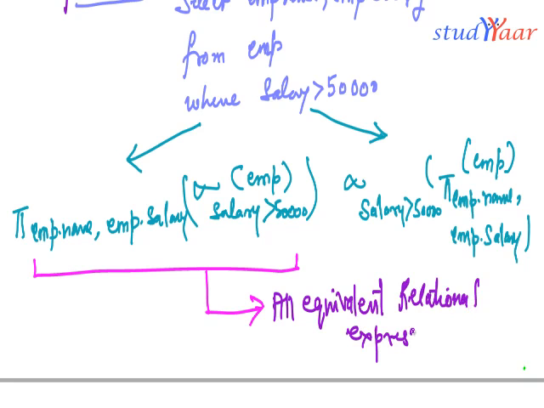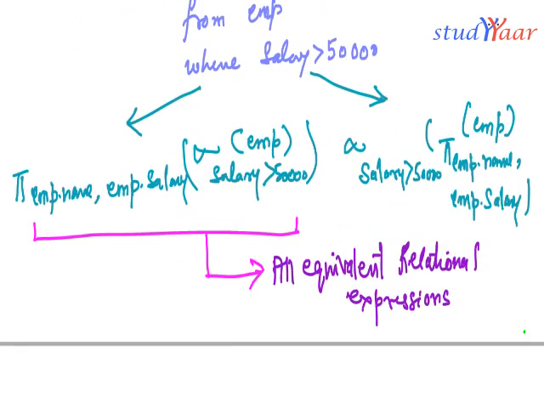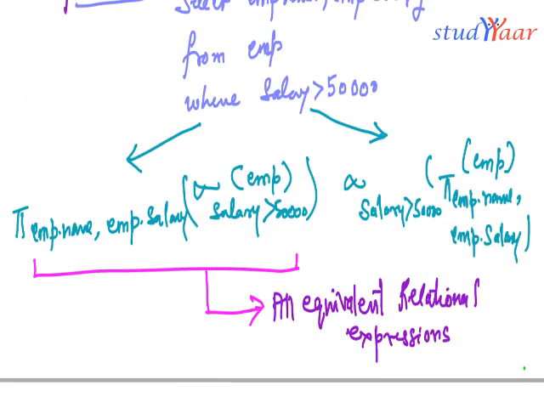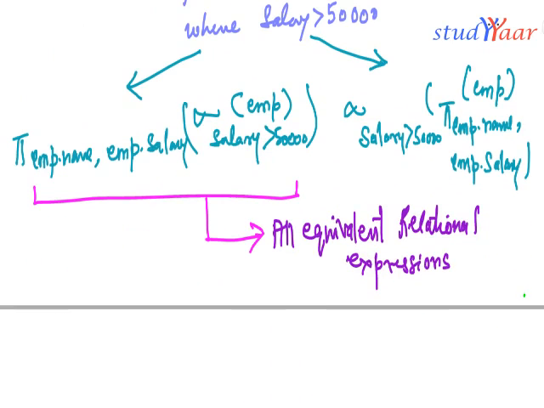This is the first role of my optimizer. After that, it is going to find the best relational algebra expression which it thinks would find the result in minimum amount of time or having the least cost. Cost could be in factors of CPU cycles, block accesses, or time spent.